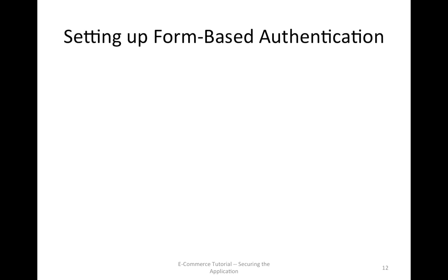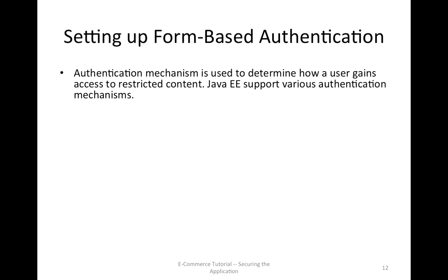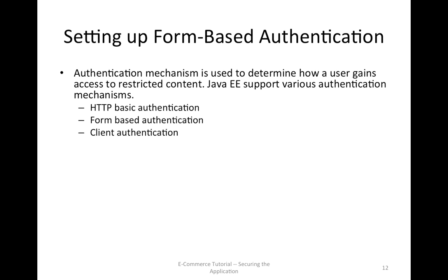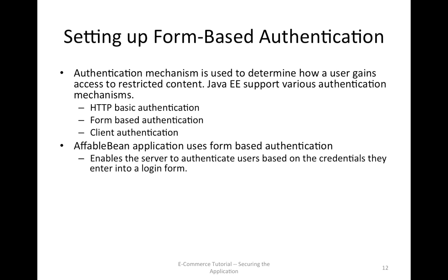So we need to pick a mechanism to implement this authentication. An authentication mechanism is used to determine how a user gains access to the restricted content. Java EE supports various authentication mechanisms, including HTTP basic authentication, form-based authentication, and client authentication. The AffableBean application will use form-based authentication.